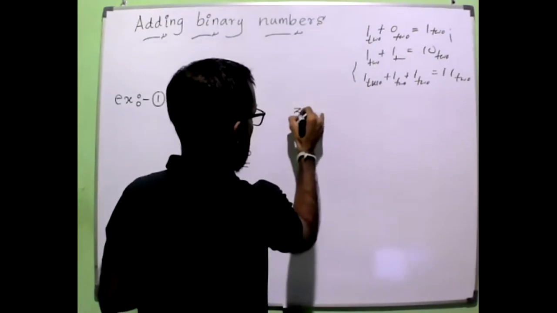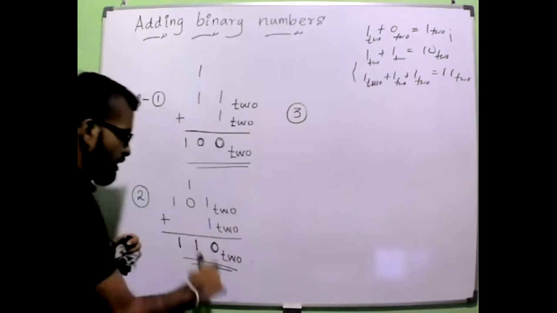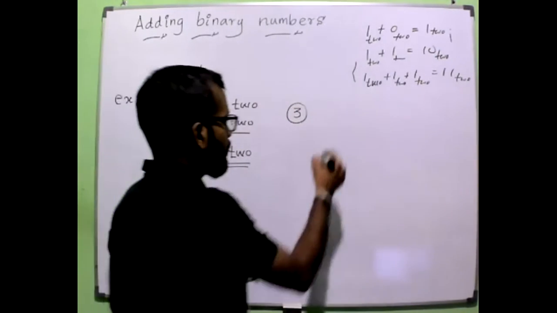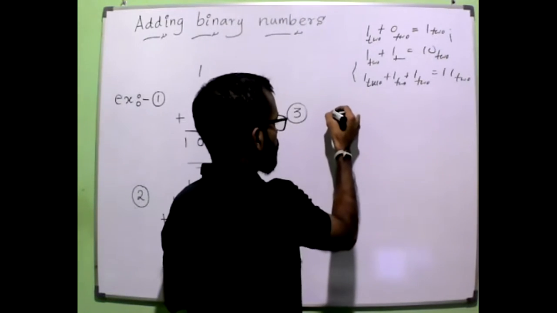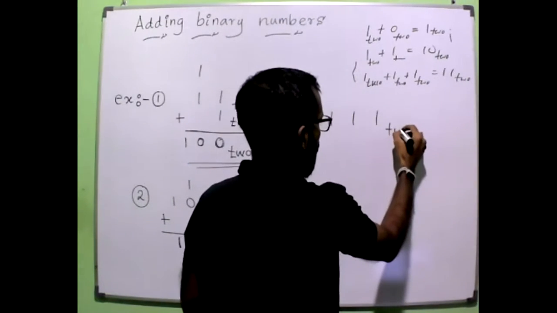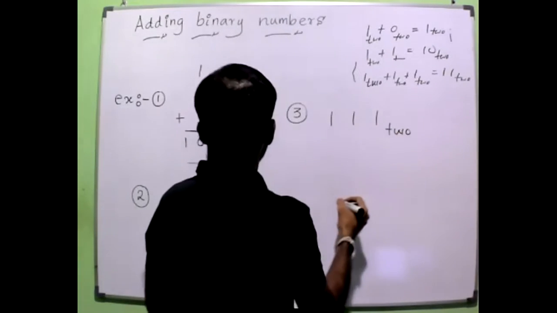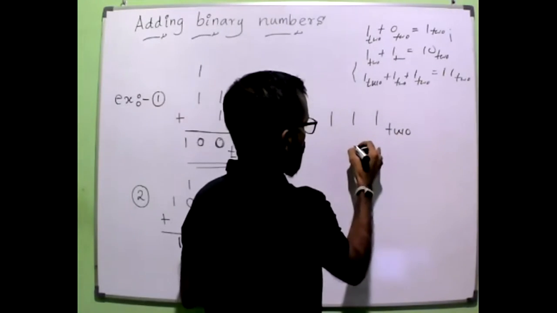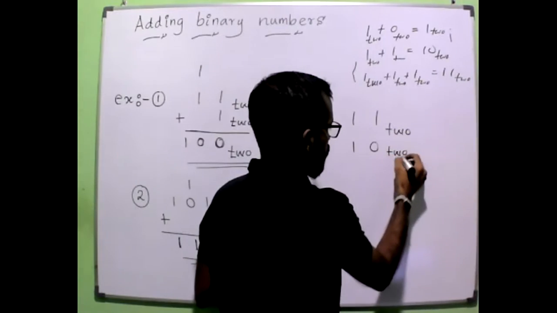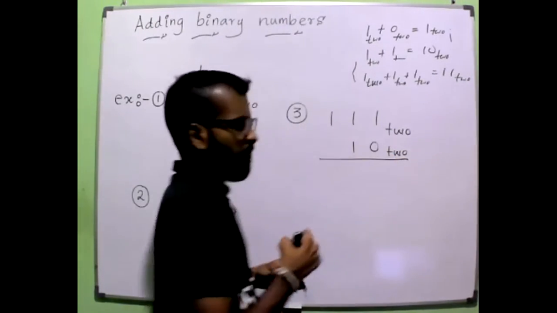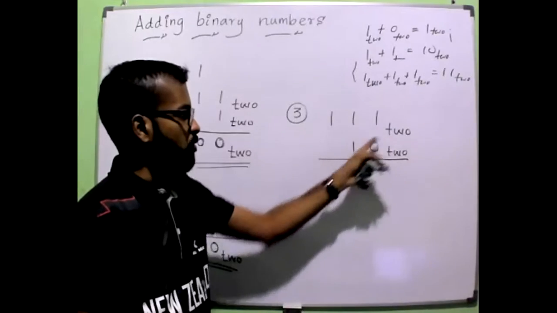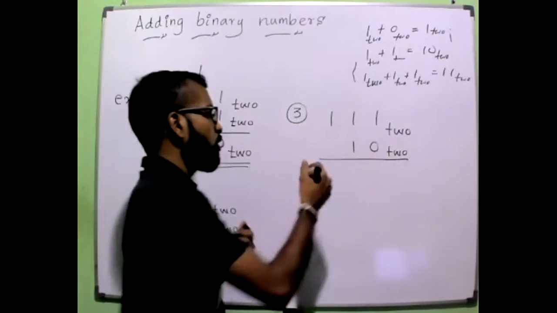Then you can get an idea. I think you have finished writing this. Something like this. Let's say 111 in base 2 and 10 in base 2. You have to add.